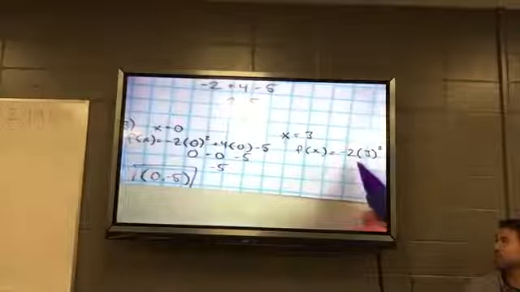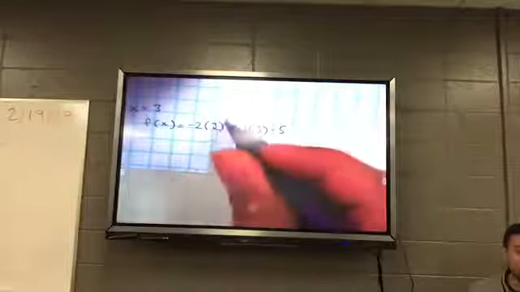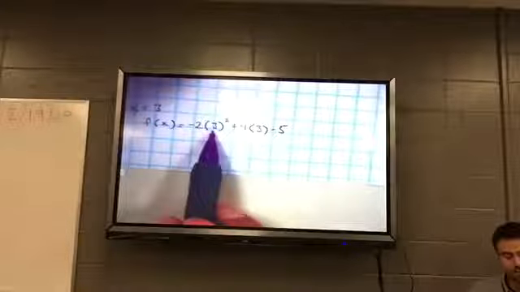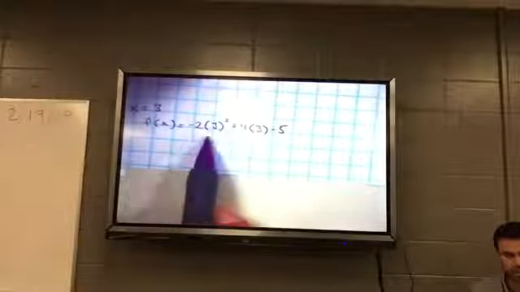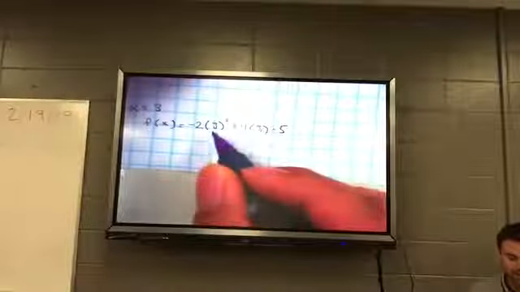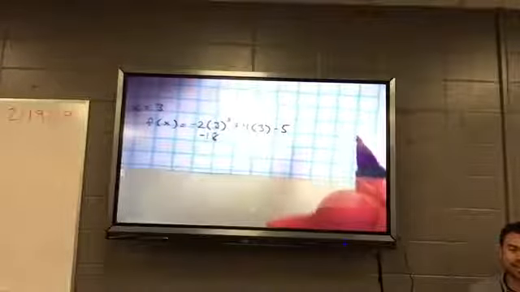Okay, what do you do first on this one? I'm going to scoot it over. Yep, you do PEMDAS. 3 squared. See, this is what people did in the other class. They went -2 times 3, -6 squared, 36. Ouch. Okay, 3 squared, 9 times -2. So they got 36, I got -18.